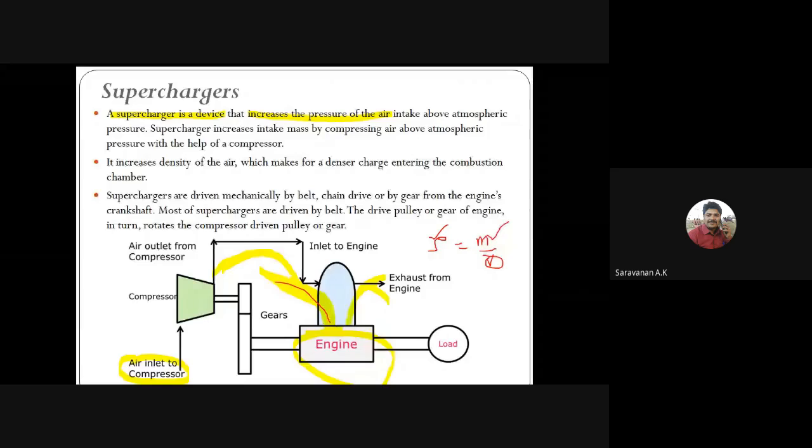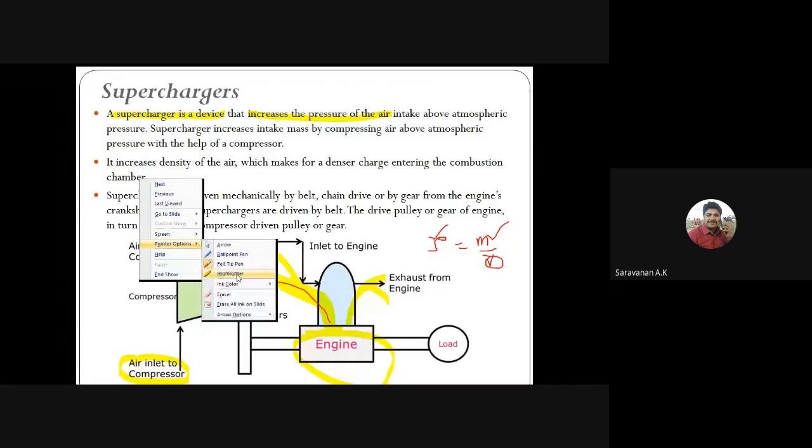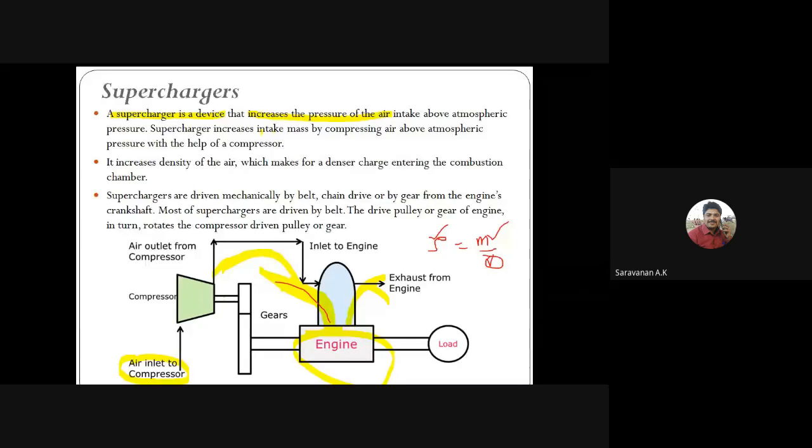The supercharger gives more pressure, so the mass flow rate by the compressor is very high, so the mass flow rate of air will be high. Is it clear or not?